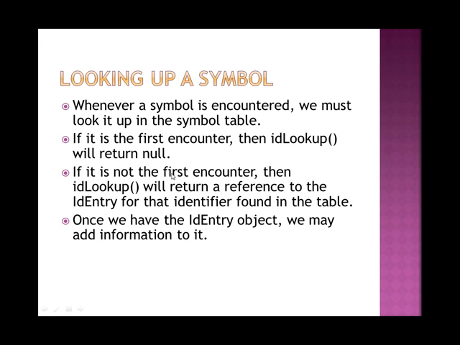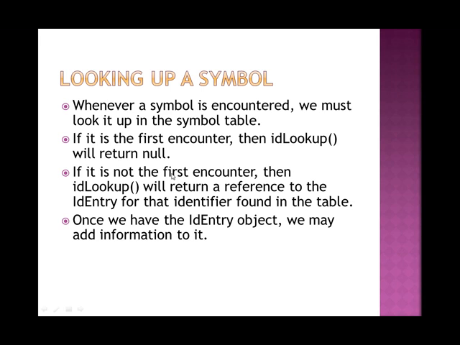Next, if it is not the first encounter, that is, it is already available from a previous stage, then ID lookup will return a reference to the ID entry for that identifier found in the table. In simple terms, when a symbol is encountered, the computer must look into the symbol table.